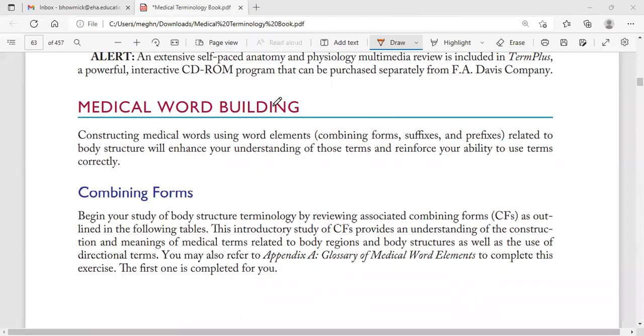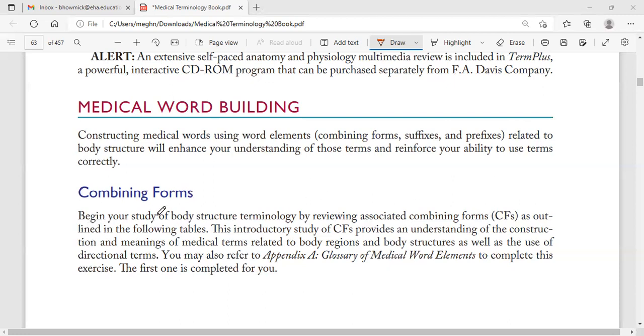Now, medical word building. Constructing medical words using the word elements related to body structure will enhance your understanding of those terms and also reinforce your ability to use the terms correctly. Combining forms: begin your study of body structure terminology by using the associated combining forms.